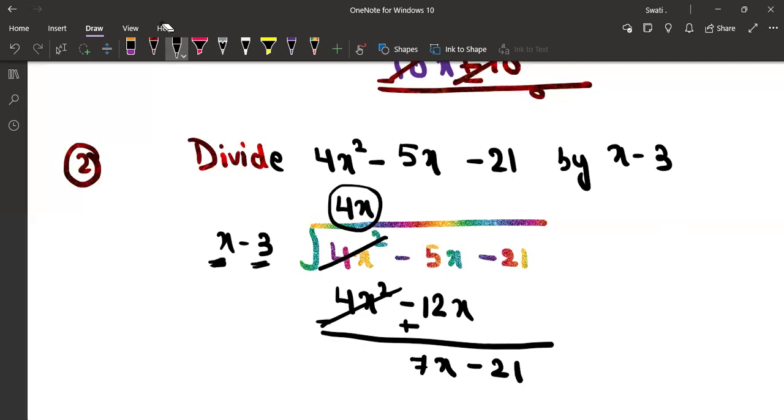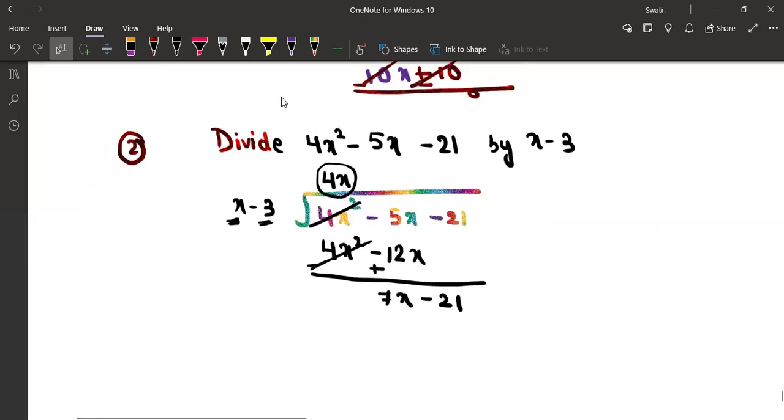What will you multiply x with so that you'll get 7x? x into what will be 7x? 7. That's correct. So you'll write 7. And we have the plus sign, so you'll write plus sign only. So it is 7x. Next, what do we do?